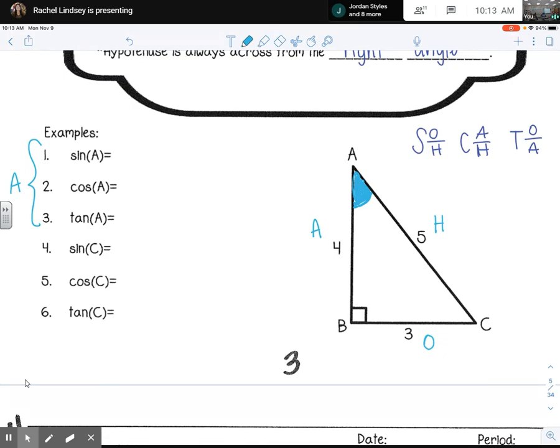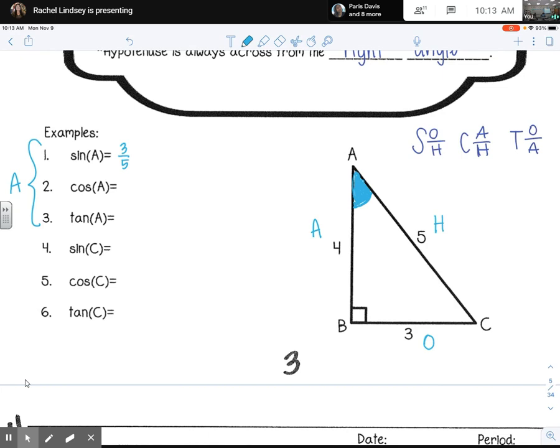So now, for sine, I need to do opposite over hypotenuse. My opposite side is 3, my hypotenuse is 5, so my answer is 3 over 5. That's all you have to do. If it's able to reduce, then you would reduce it. Like if it was 9 over 15, you'd reduce it to 3 over 5.